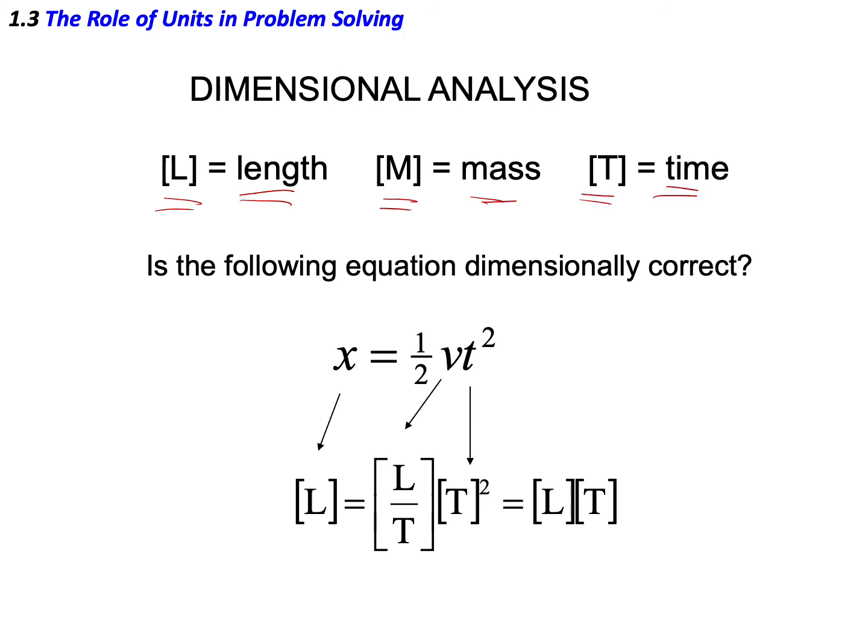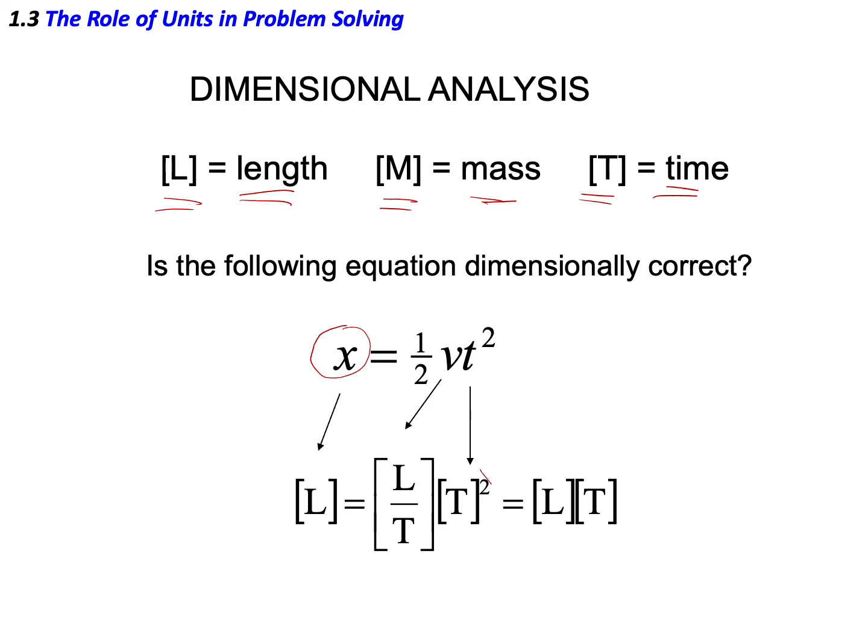Here's another example. X is displacement, which is equal to half velocity time square. So distance or length we use dimension L, velocity we use dimensions of length over time, L over T, and time square, T square.